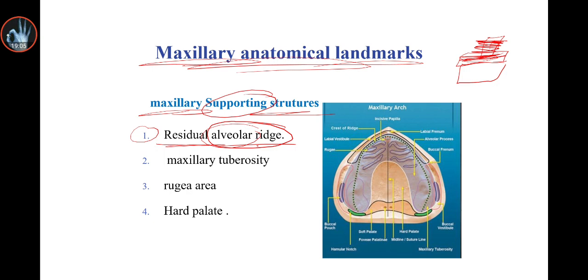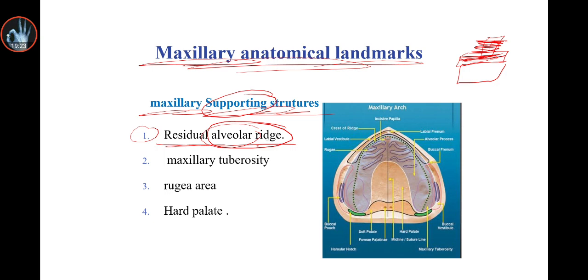So the residual alveolar ridge is a supporting structure, meaning it is part of the support, whether primary or secondary.